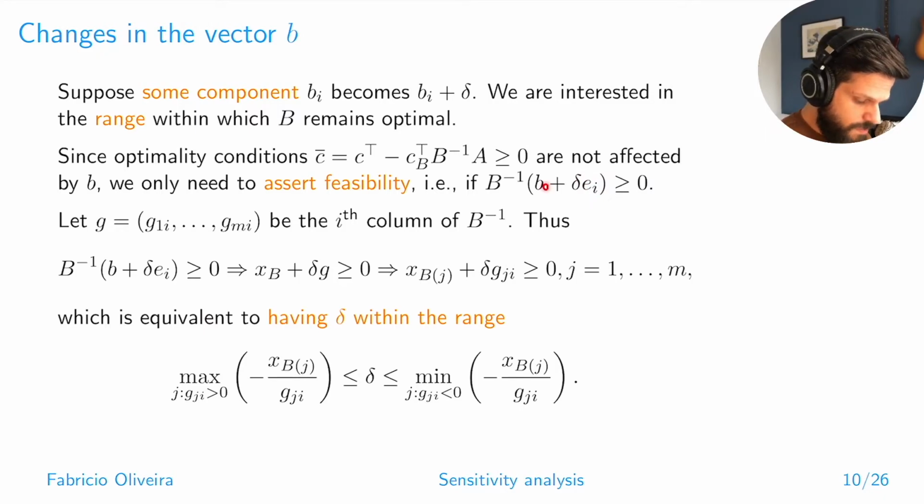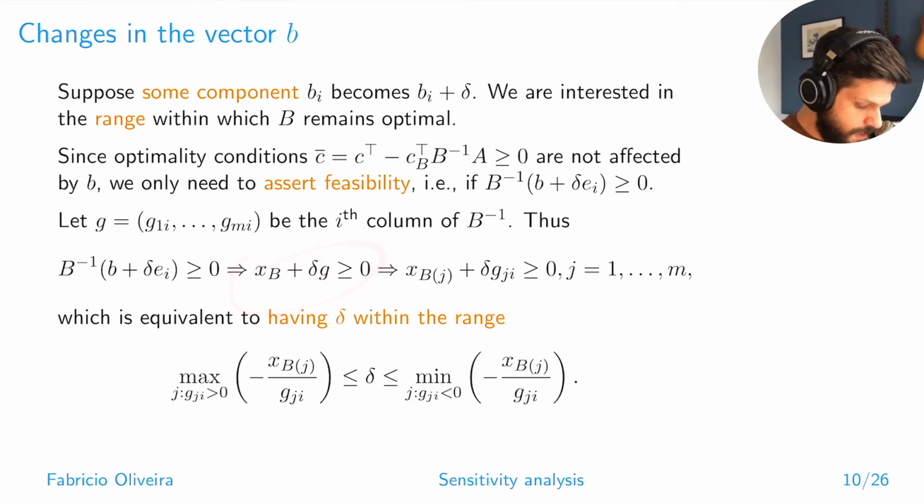So B inverse b is fine, but when you do B inverse times this term, if you get g being this ith column of B inverse, that means the changes caused by the variations are going to appear in that exact column. So B inverse b is just xB, and then what you're saying is that xB plus delta g has to be greater than or equal to 0.